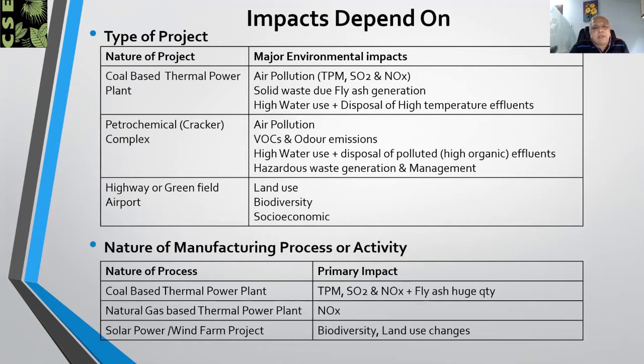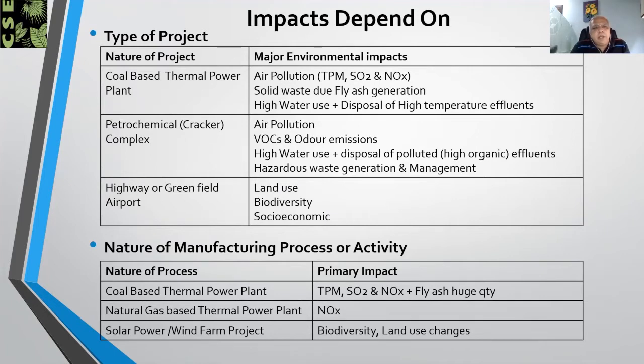Now, impacts depend on the magnitude or the type of impacts. One thing which we have to understand is that impacts depend upon the type of project, that is the nature of the project.